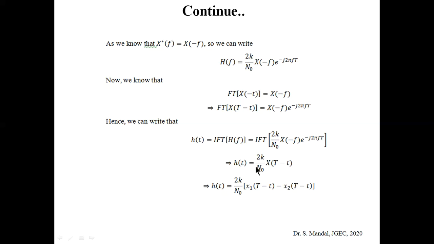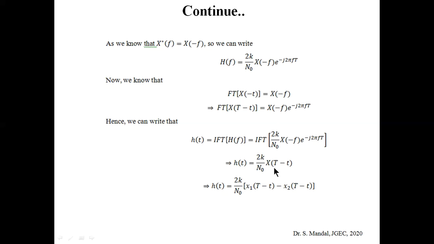So h(t) equal to 2k by N0 into x(T minus t), because the inverse Fourier transform of X(minus f) e to the power minus j2 pi fT is nothing but x(T minus t). So we substitute this here and we get ultimately this equation.